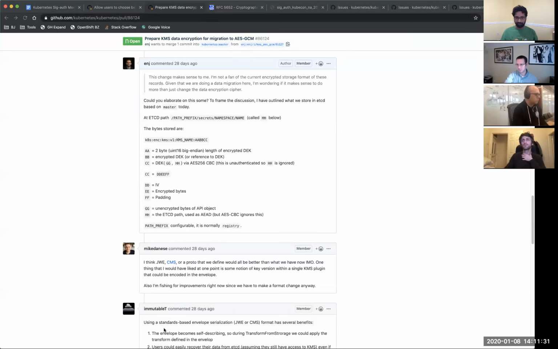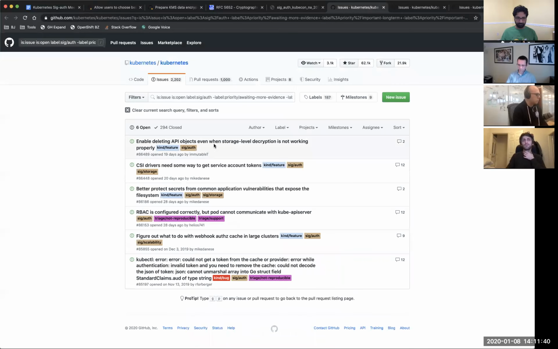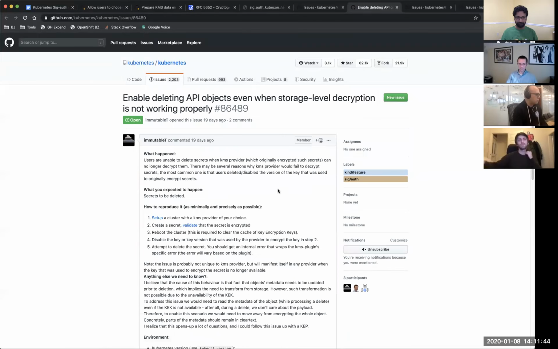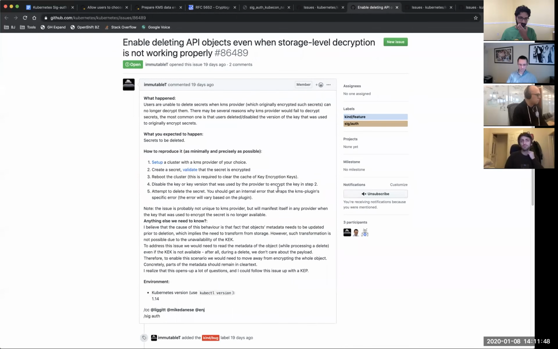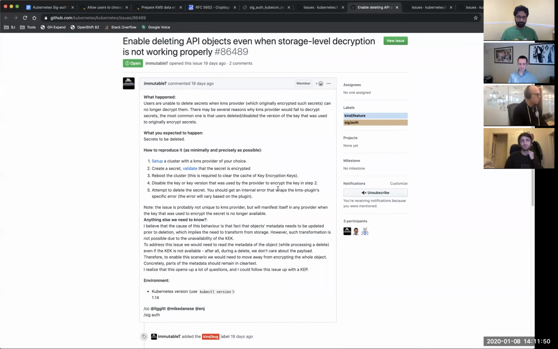related to the ability to delete data from etcd when the key is no longer available. When I started thinking about what that would look like, I quickly realized that we would need to rethink how much we encrypt.